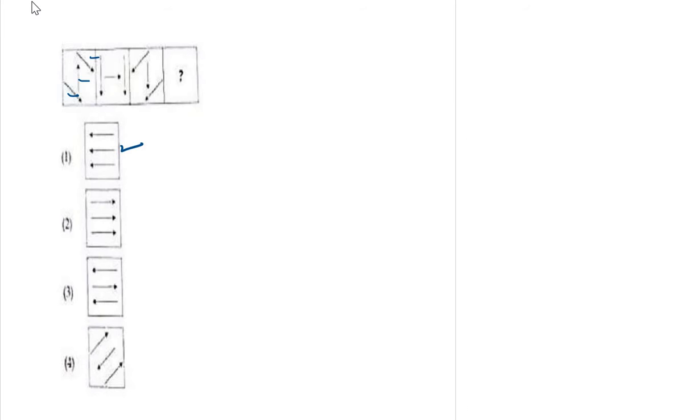So you have to rotate it clockwise. I am talking about the middle one. The first one is the standing line and then rotation, rotation, rotation like that. So in total it is moving 90 degree. So the middle is like that, and from that only we can conclude the answer.